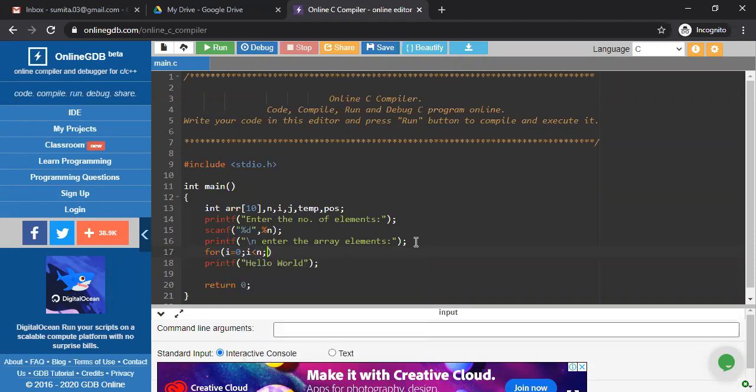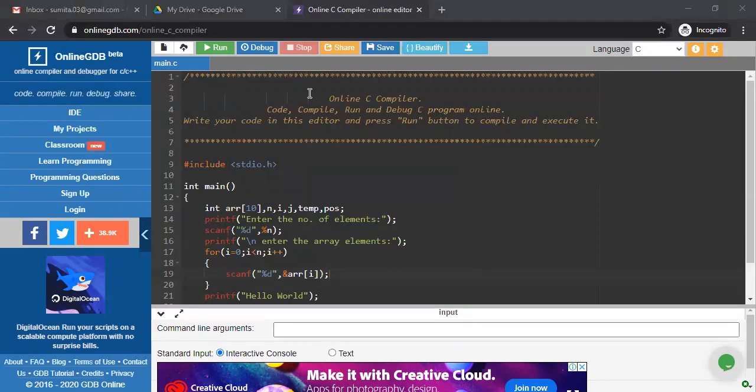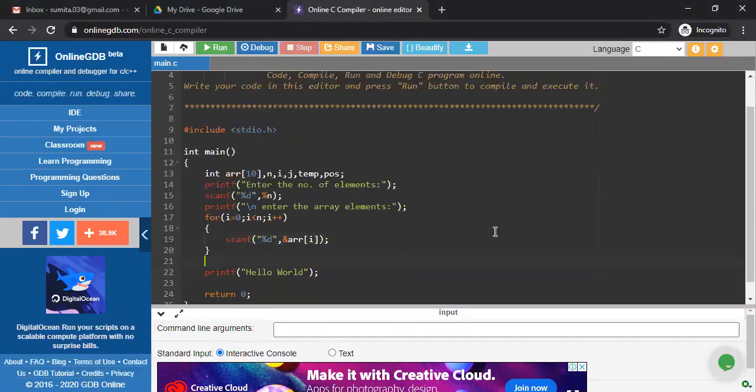So i less than n, i plus plus, and simply using scanf, we take all the values from the user. Okay, so we have inserted all our values into the array.